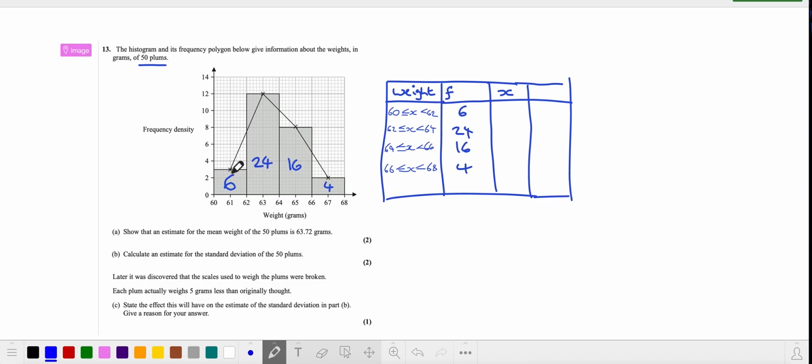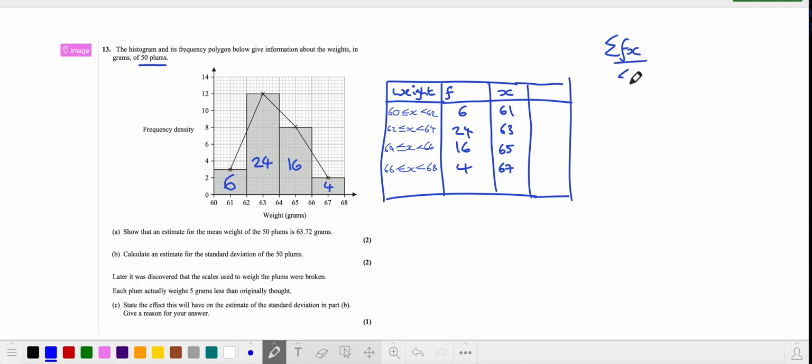The midpoint of each group is what they've used to draw this frequency polygon. So we've got 61, 63, 65 and 67.